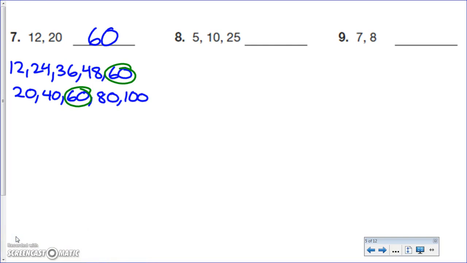For 8, we have 5, 10, and 25. So we're going to write out the multiples for each one and then circle the first number that shows up on all 3 lists.